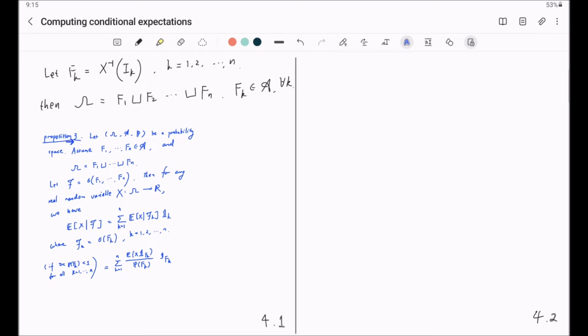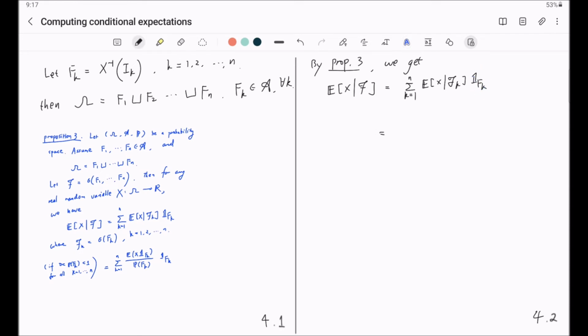By applying proposition number 3, we get that the conditional expectation of X given F is equal to the summation from k equals 1 to n of the conditional expectation with respect to the sub-sigma algebra F sub k, where each F sub k is sigma of F sub k, times the indicator function of F sub k.